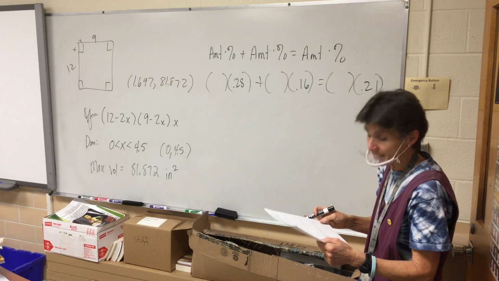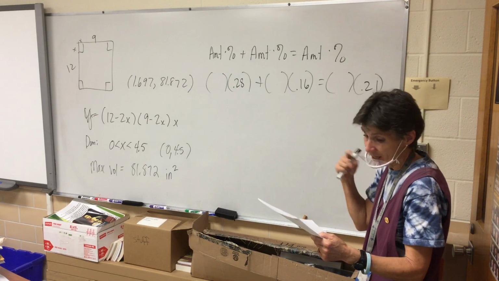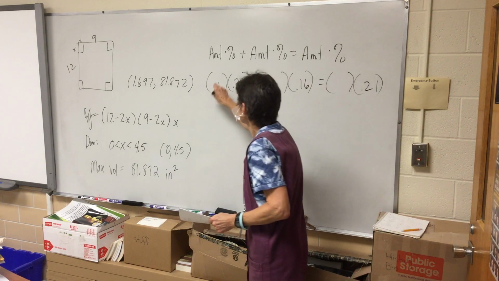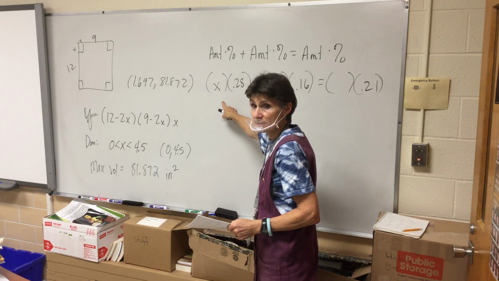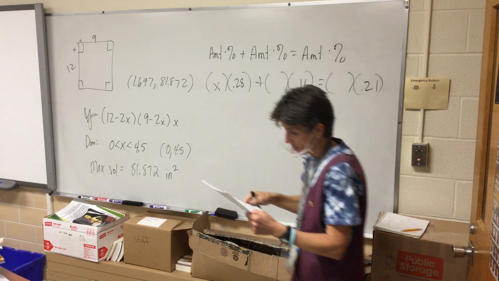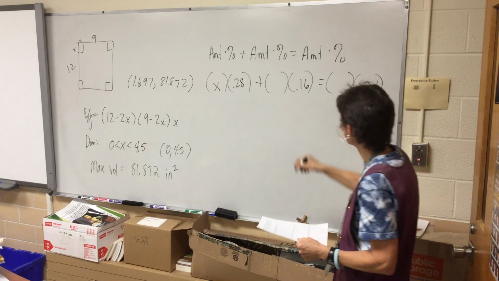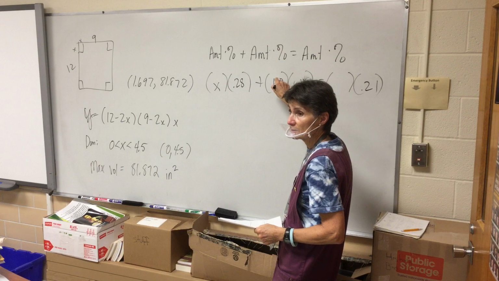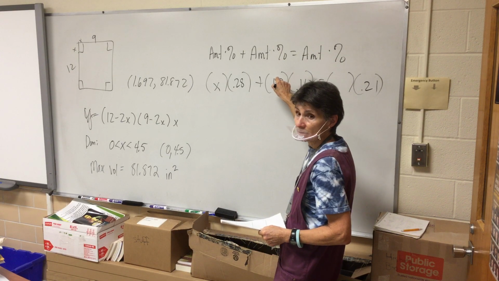It also starts exactly the same way the other ones did. How much? That's what I'm looking for. X. How much 28%? Must be mixed with 10 liters. This is 10. Right?